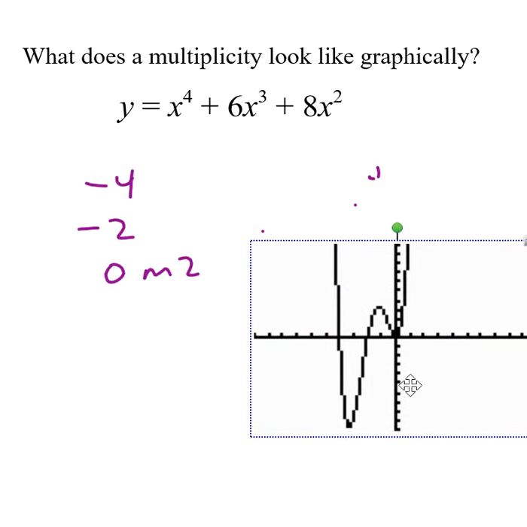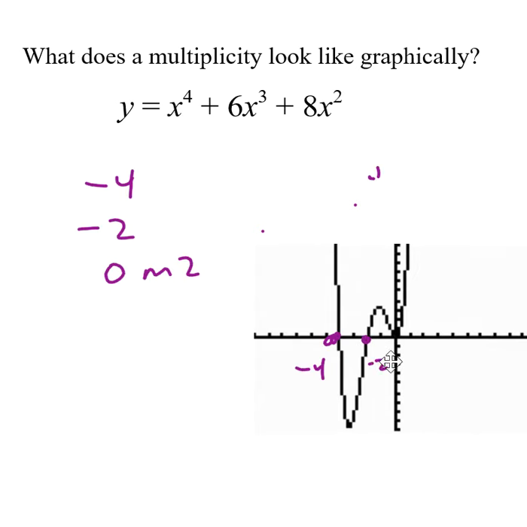So you can see how we're crossing at -4. We cross at -2, but you have this spot here where it was in the positives and it didn't cross. It kind of bounced along that axis. We call that being tangent to the x-axis.